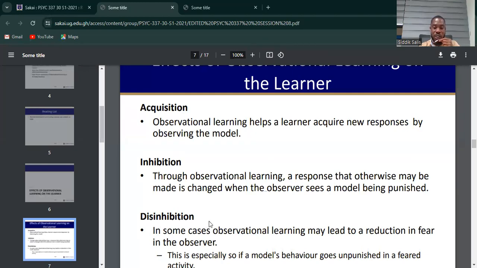Now, disinhibition is when you've learned a behavior, but you've inhibited it. Just like the example of the person who was following the convoy. You've learned that some people follow the convoy to beat the traffic. Then there was a time you realized that the person has been caught and disciplined by the army, so you inhibited it.